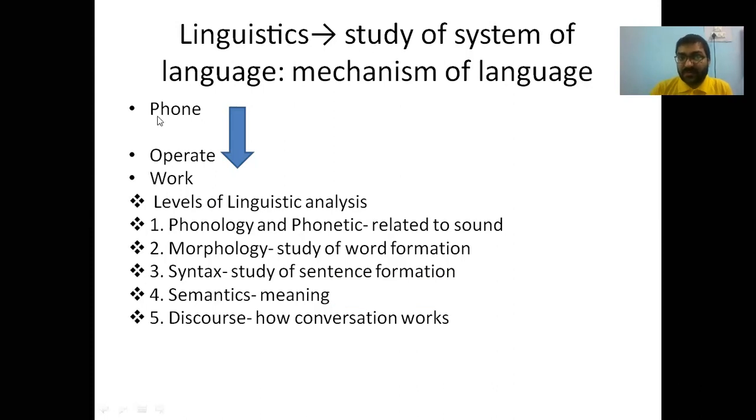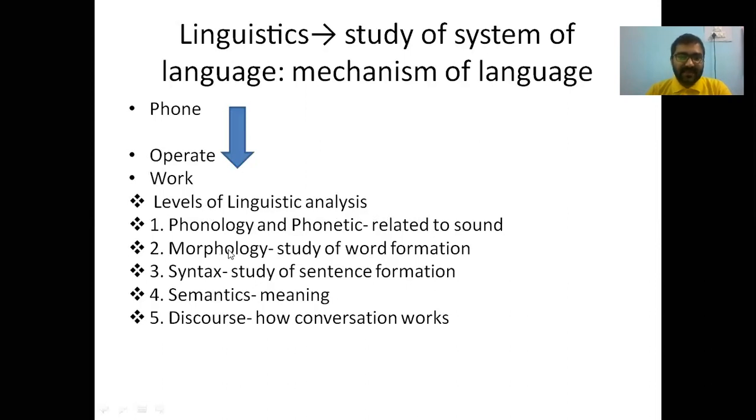The phone has a system for how it works. Maybe we don't know the mechanism of the phone, but we use it. So linguistics is that mechanism through which we understand how it works.